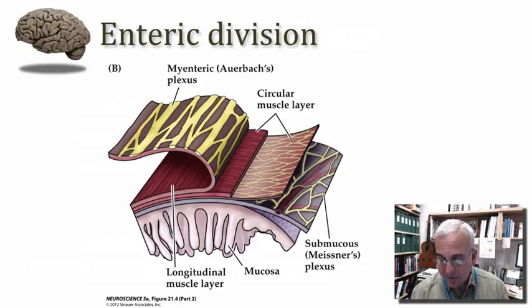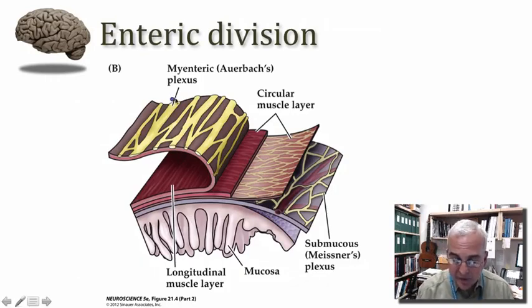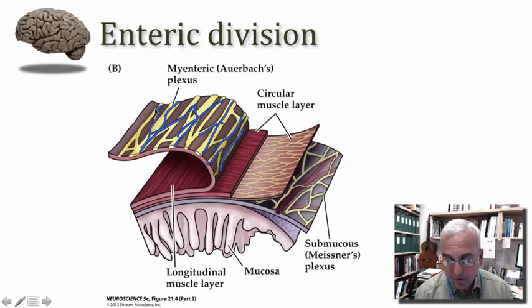And what I want you to notice are these networks of neuronal processes that run through particular layers of this tissue. So there are actually two networks. We call each network a plexus.